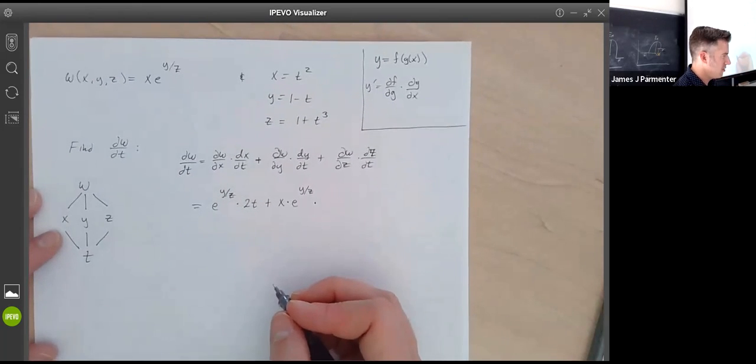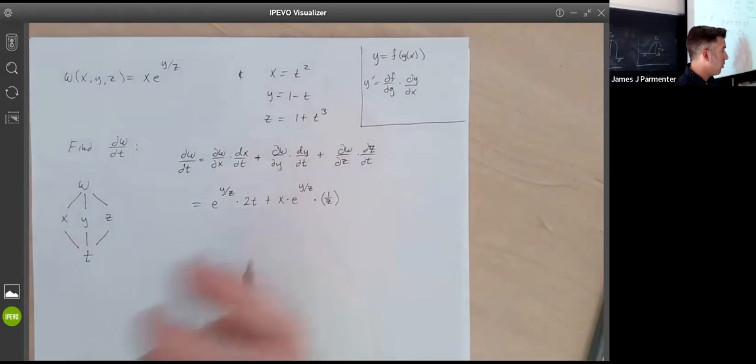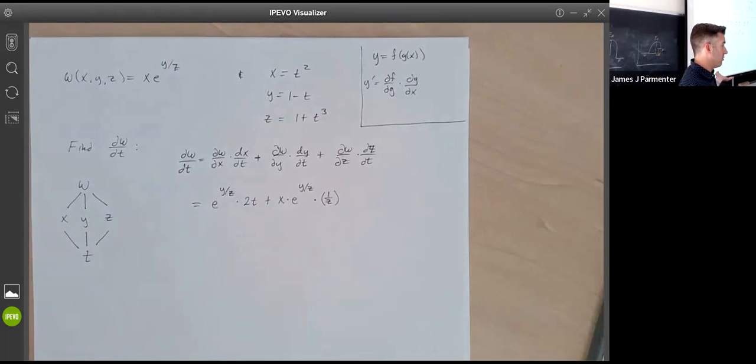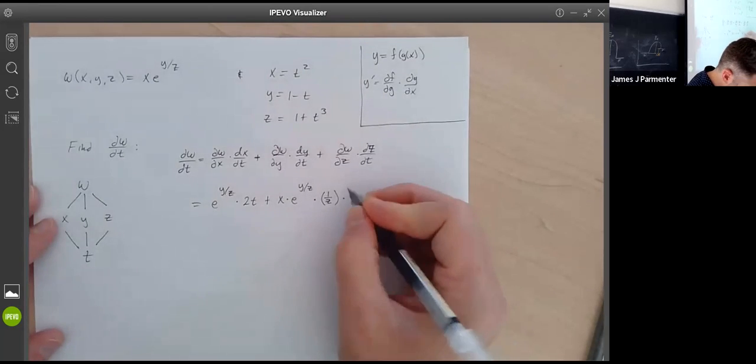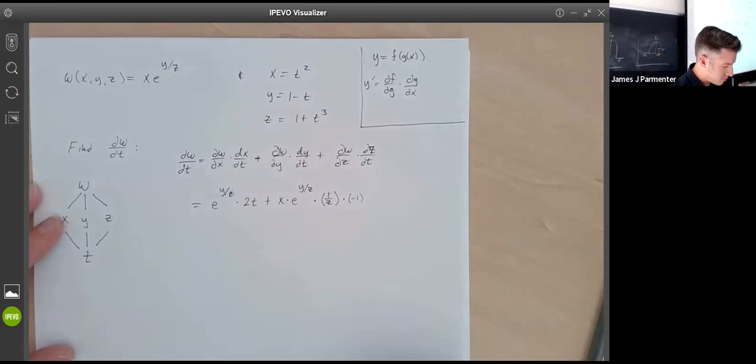Okay, what's the derivative of y over z with respect to y? It's 1 over z, right? We have 1 over z times y. The derivative of 1 over z times y is just 1 over z. We have to multiply by dy dt, which is -1.